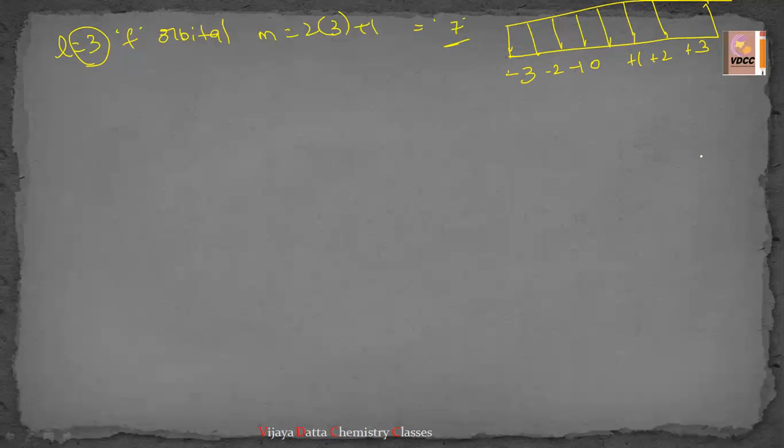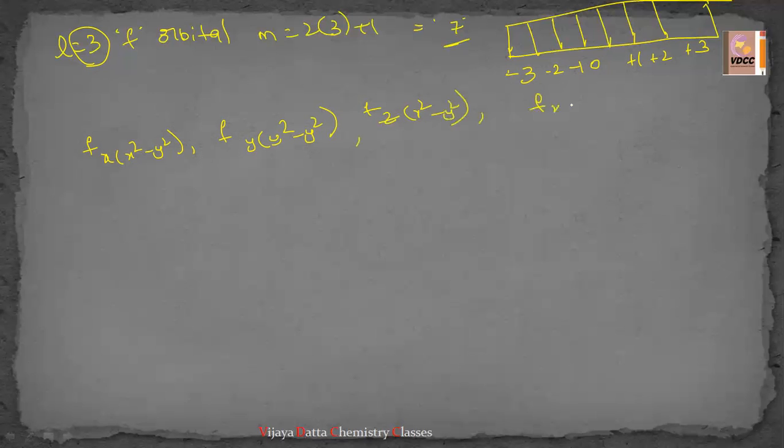These are what we can also see. The 7 f orbitals are fx into x square y square, fy into x square y square, like that only, fz into x square y square. These are the three.